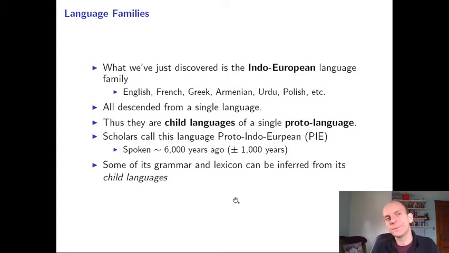What's cool about this relationship between the ancestral language and its children is that we have no documentation of Proto-Indo-European, of this proto-language, yet we can actually say something about what it must have looked like or sounded like.